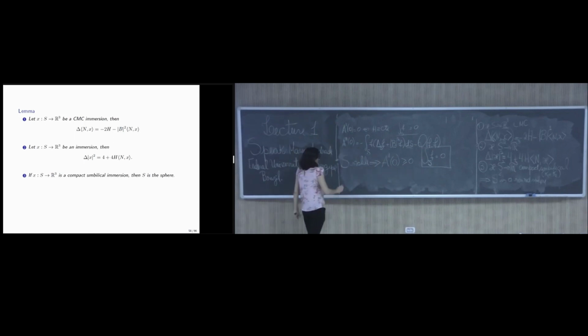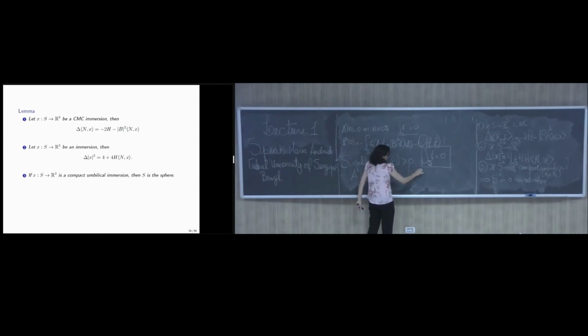After, you can prove that the second variation of area satisfies that. And in this case, here you have the equality. And what will I prove? I will prove that if you have the equality, you have that the second variation is equal to 0.